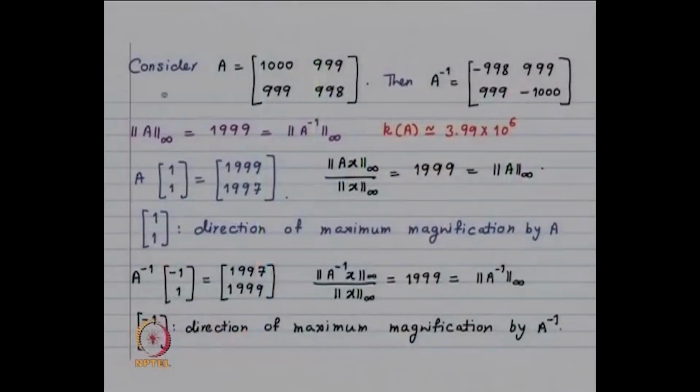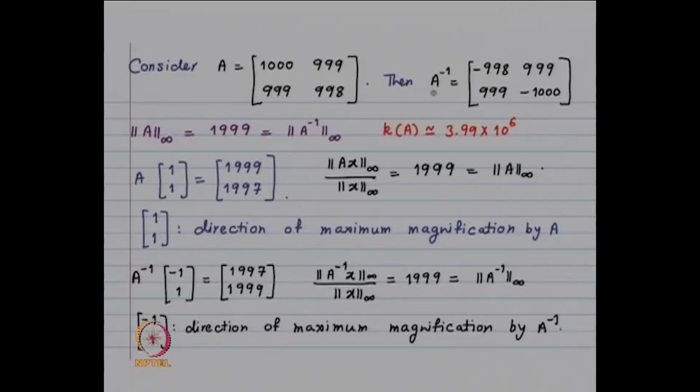Now, I am going to go back to our example of the ill conditioned matrix, which we had considered last time, and for that matrix we will try to find out the direction of maximum magnification and the direction of minimum magnification. So, we have A to be a 2 by 2 matrix: 1999, 999 and 998.